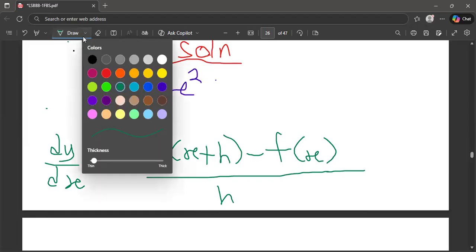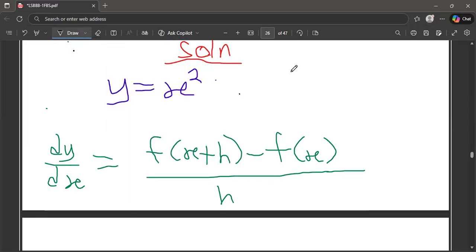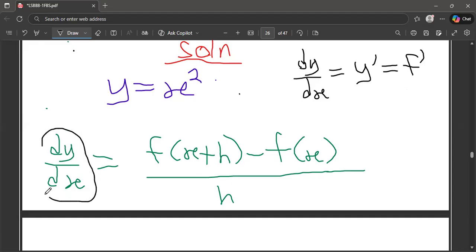And take note that your dy dx is the same as y prime, and also f prime. So in place of this, you can use any of those symbols you see over there.